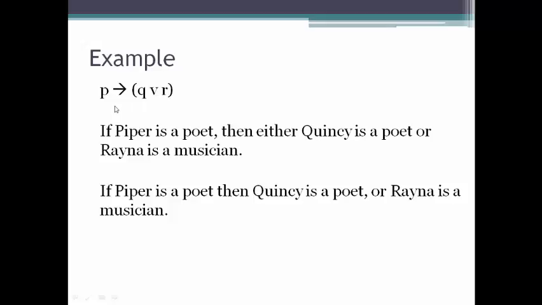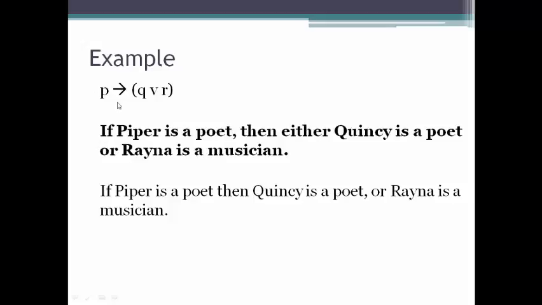So what this shows us is that this comes together as a package first in relationship to the arrow. And that's what this first interpretation tells us. It says something about if Piper is the poet, then it tells us something about all of this. By putting this in parentheses, we make the entire section subject to following the arrow.